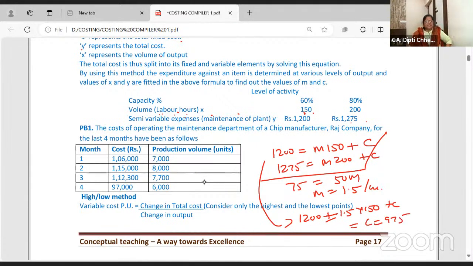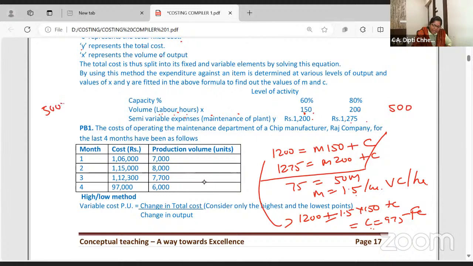Here comes your answer. And once you know C, what is C? Fixed cost. What is 1.5? Variable cost per unit or per hour. Then you can use it and find more. Right now this is 150 hours and 200. If I ask you what will be the situation at 500 hours?